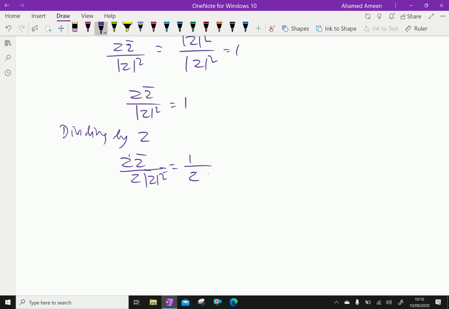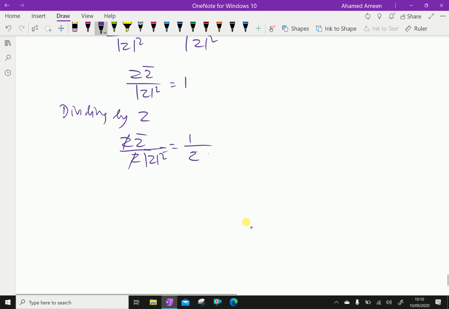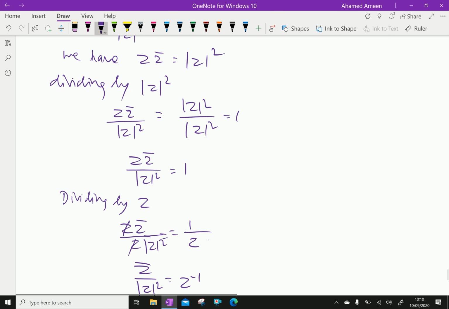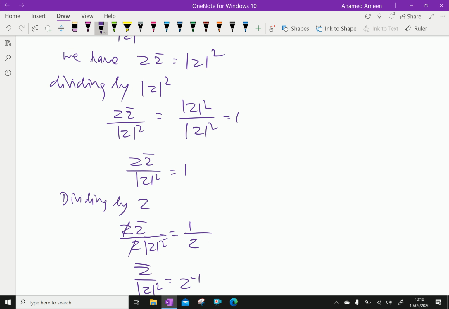Now this z and z cancel, so we have z bar over modulus z squared equal to 1 over z, which is equal to z power minus 1. So we proved this.